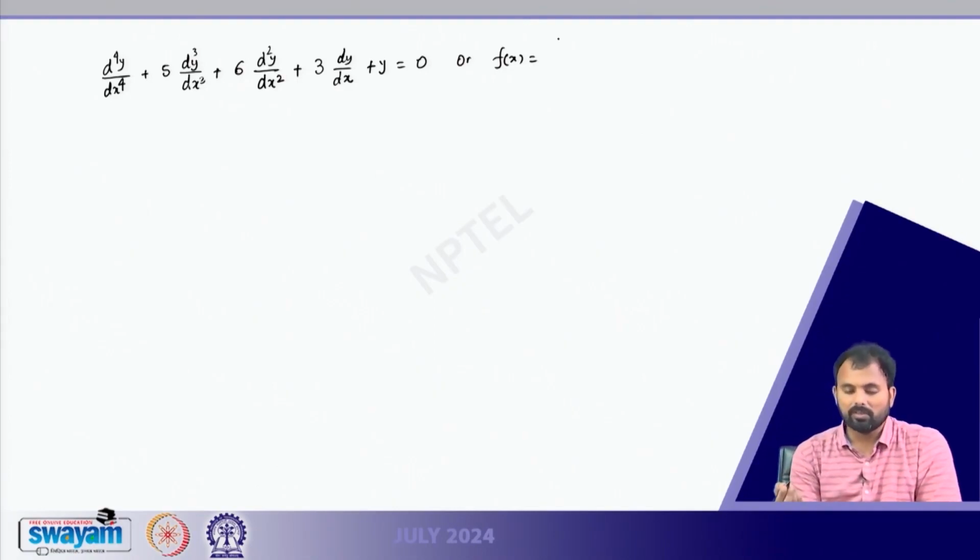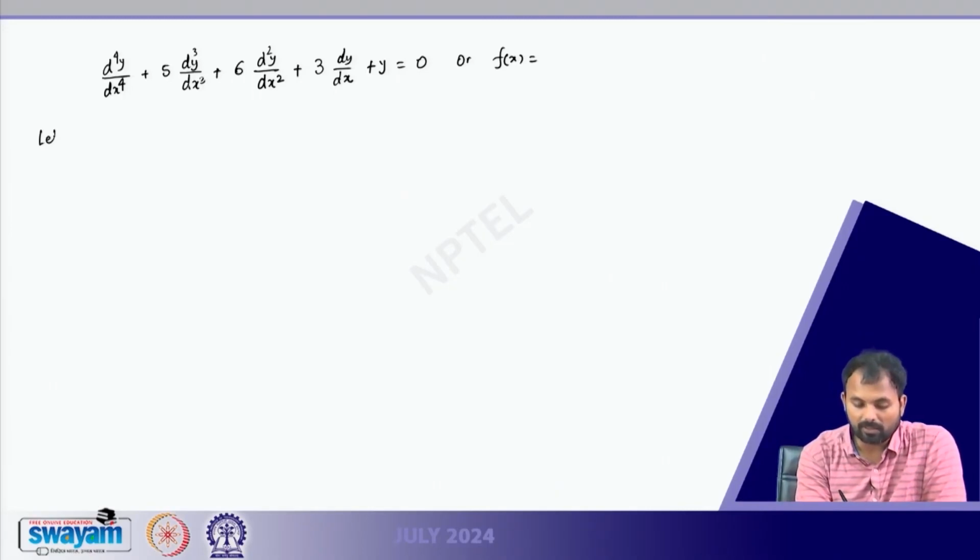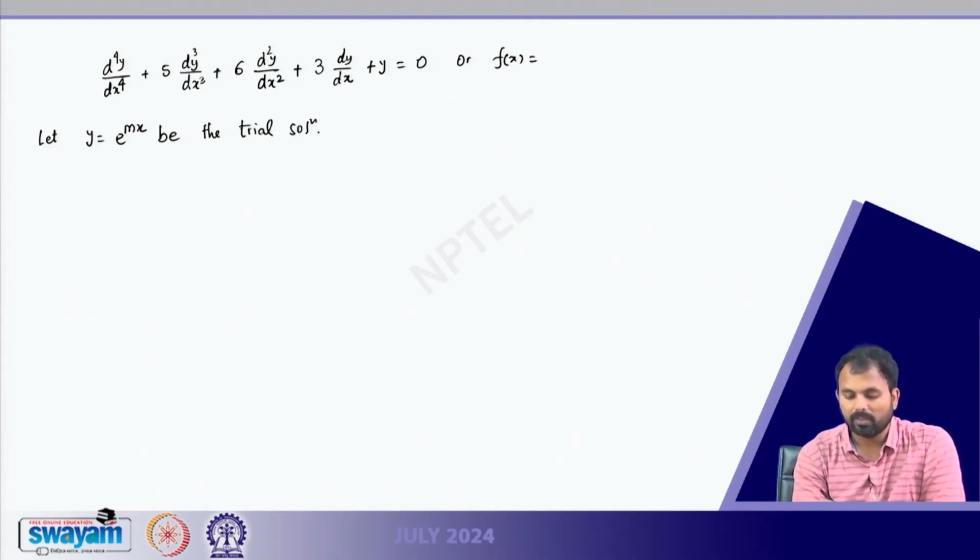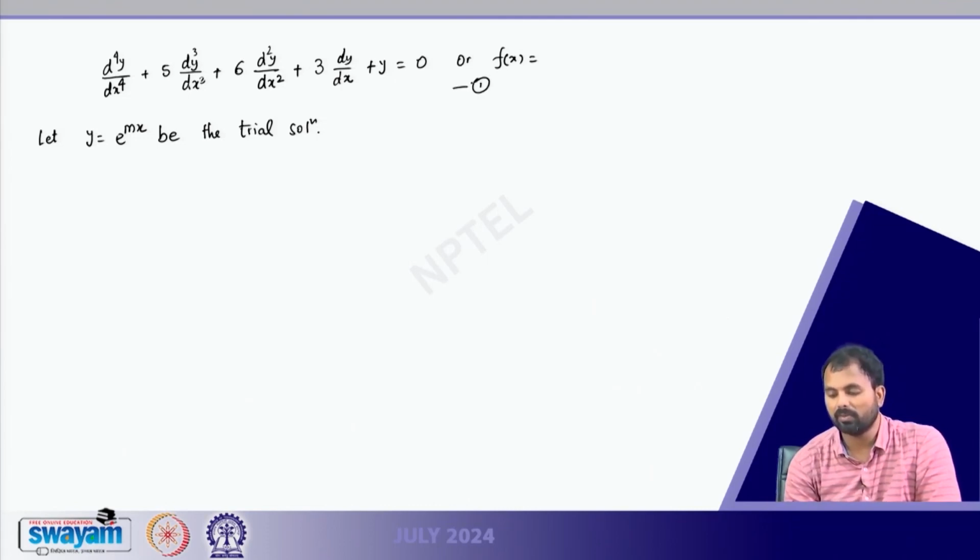In general, if it is of higher order, then the way to solve it, if the right hand side is 0, is to say that y equals e to the power mx is the trial solution. Since it is a solution, it must satisfy this equation. Let's call it equation number 1.